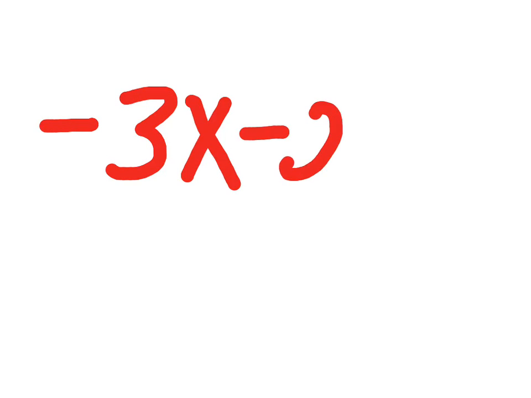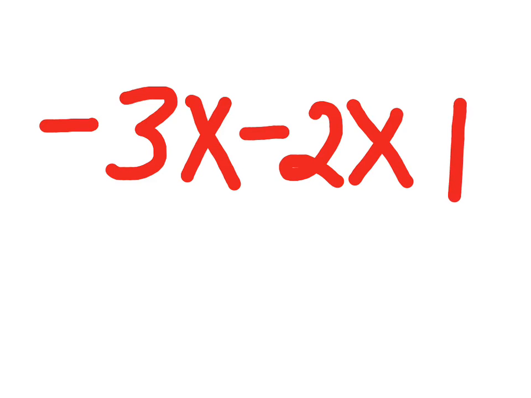Another example. So you have negative 3x minus 2x plus 5. So what are the terms that we have to combine? You have negative 3 and negative 2.